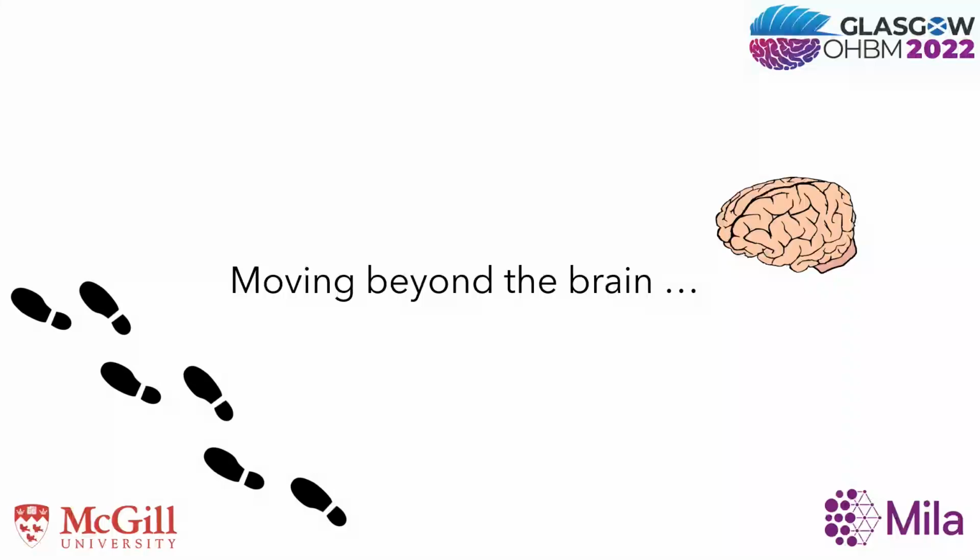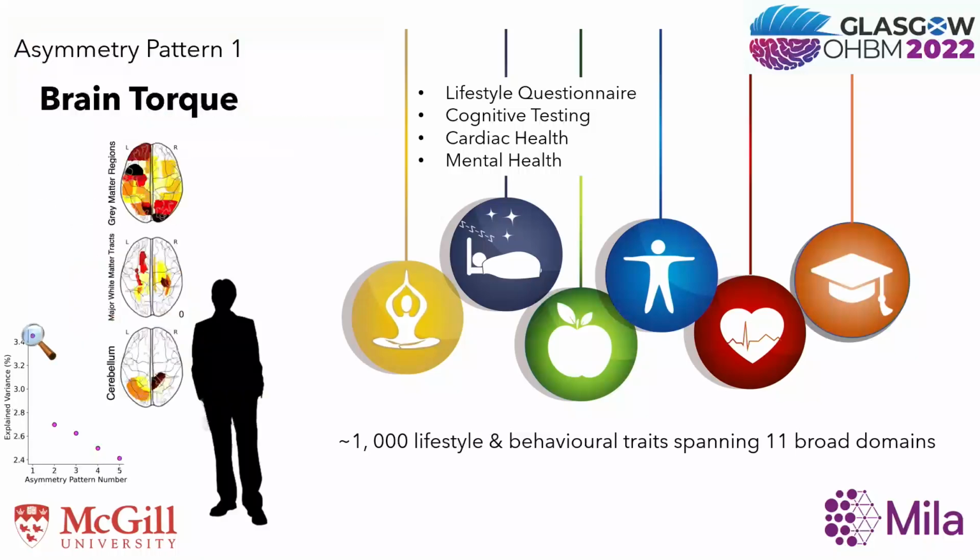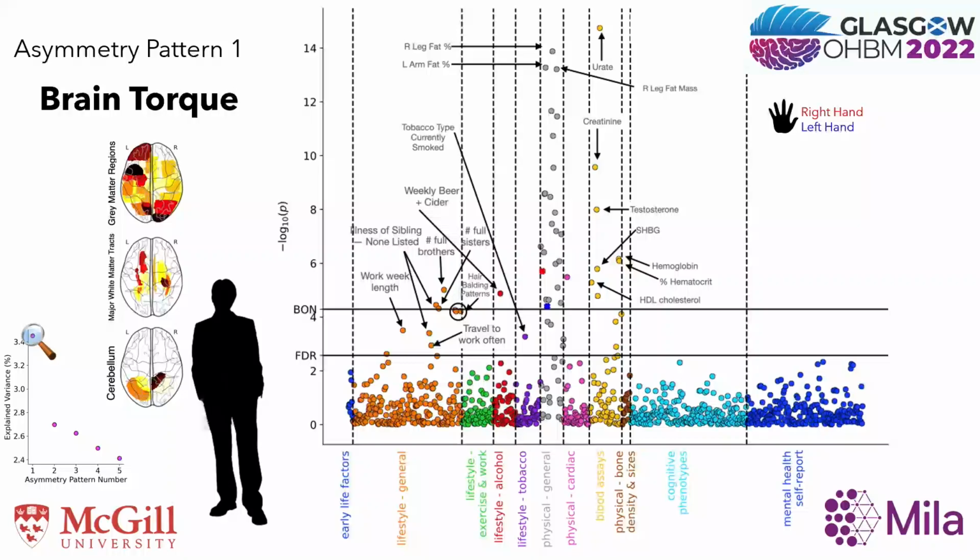Beyond the brain, the UK Biobank is a rich repository of cognitive, physical, mental, and cardiac health phenotypes, from which I extracted nearly 1,000 lifestyle and behavioral traits spanning 11 broad domains. I correlated each of these phenotypes to the individual expression levels of brain asymmetry pattern 1, and this is the result of our phenome-wide profiling analysis.